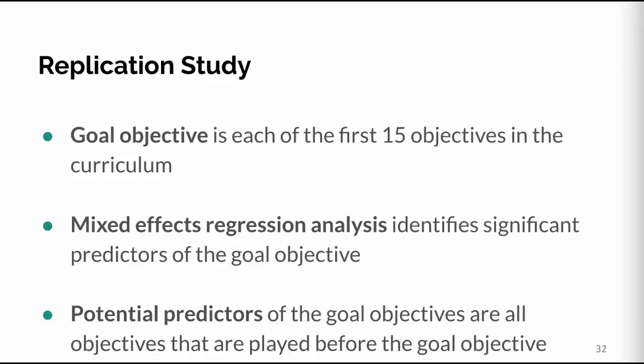For example, suppose number pattern is an objective in the curriculum and it occurs as the 7th objective. The first 6 objectives are all potential predictors, while number pattern is the goal objective.